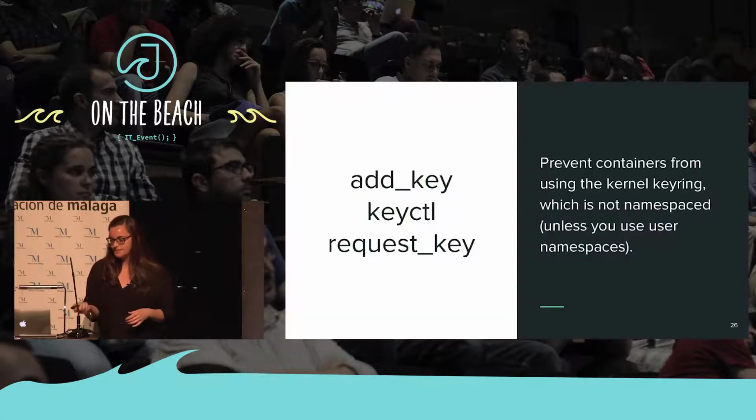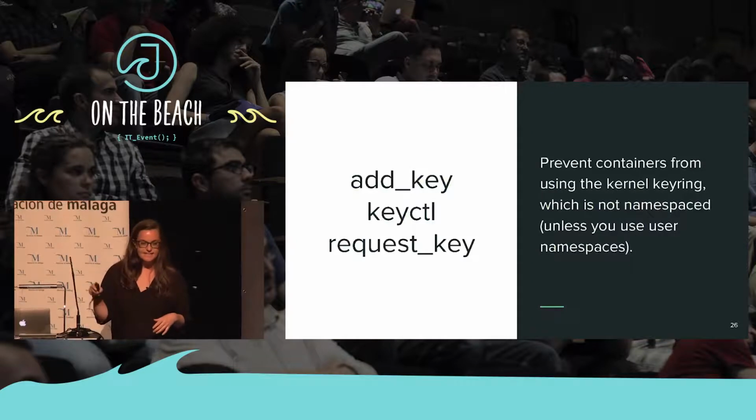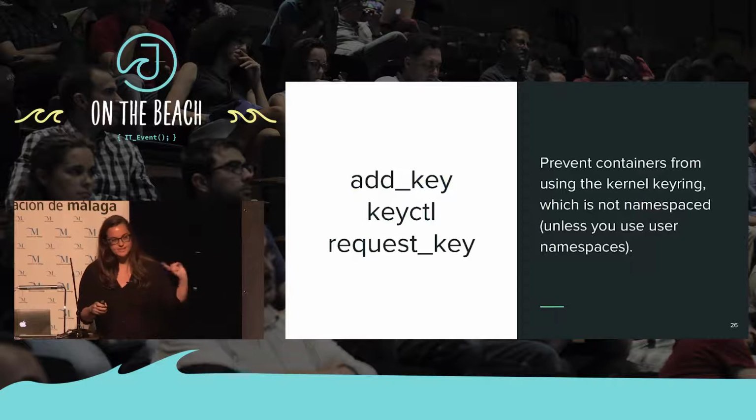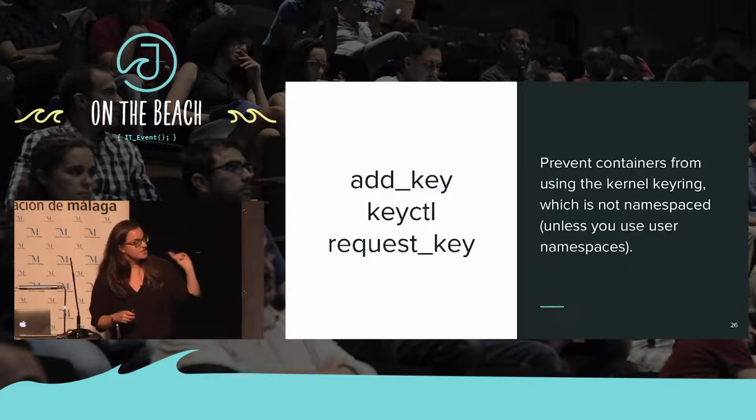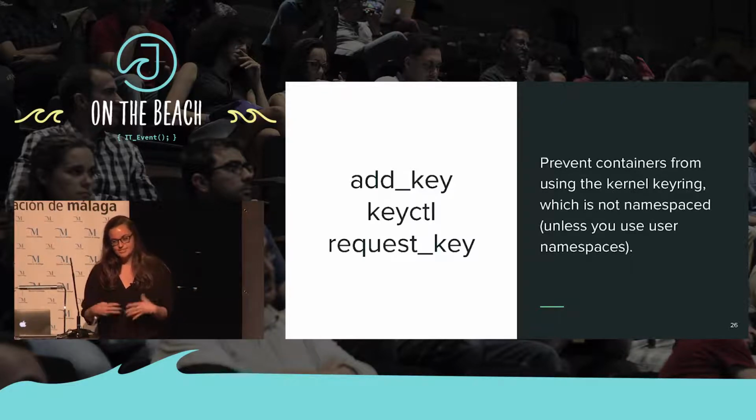The most interesting ones are add_key, keyctl, and request_key. These all deal with the kernel keyring, which is not actually namespaced. It's only namespaced if you're using user namespaces in conjunction with whatever you're cloning. This is not widely known.